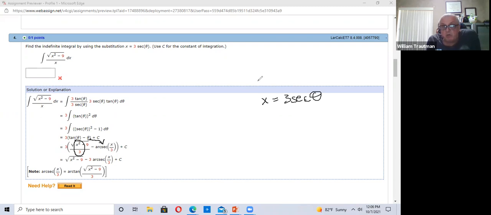What I'm going to do now, we're trying to find out what theta equals, just theta. So we're going to try to isolate this theta. First, I'm going to take the 3 to the other side by dividing. And the way to isolate the theta is, if it's secant, we're going to take the inverse secant, or arc secant. I'm going to use what they use. Instead of the negative exponent, they use arc secant, same thing.